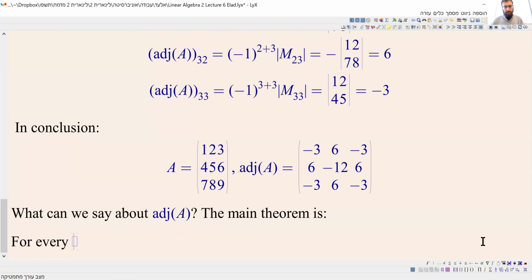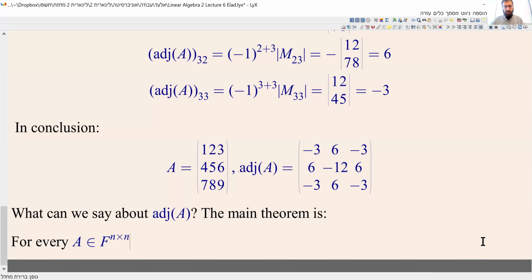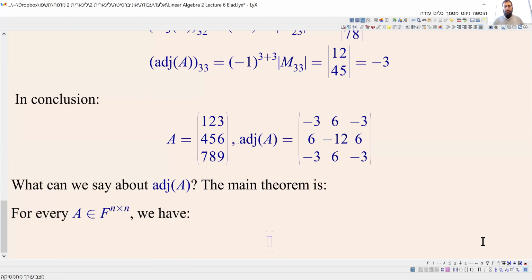For every A of order n, we have, multiplying the matrix and its adjugate matrix, whatever way you choose to do so.